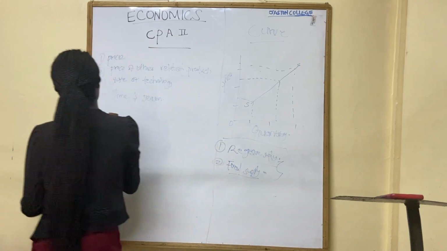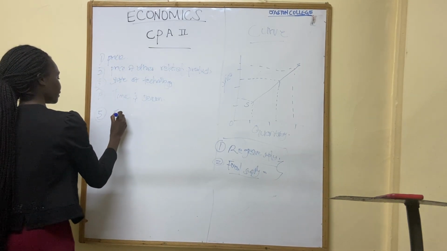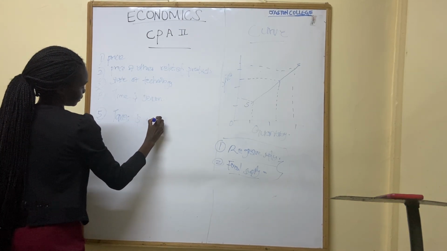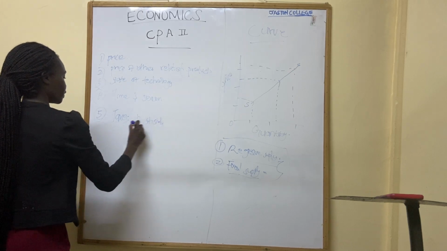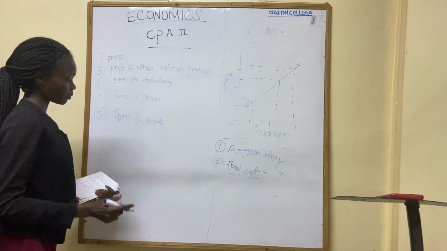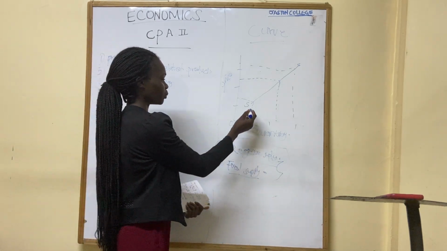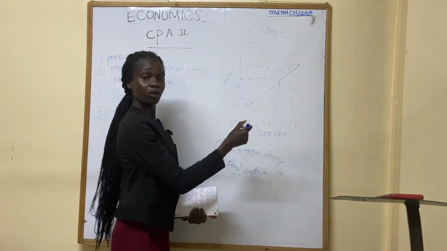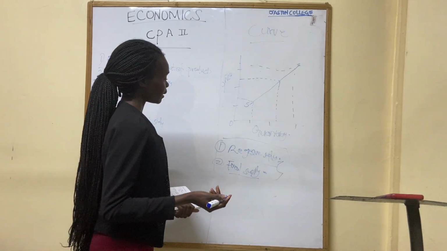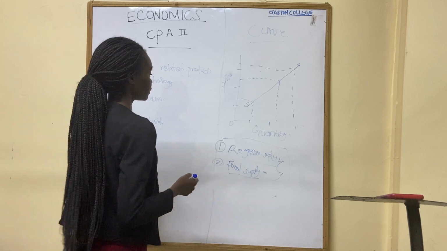The fifth one is taxes and subsidy. When there are higher taxes on a product, the suppliers are likely to supply a low quantity because they won't get the profit they want.